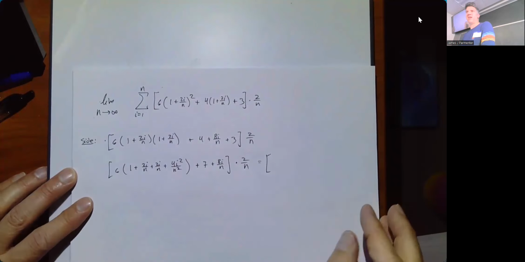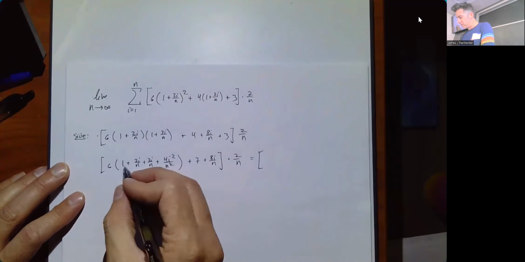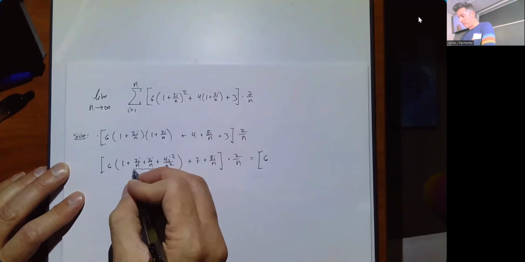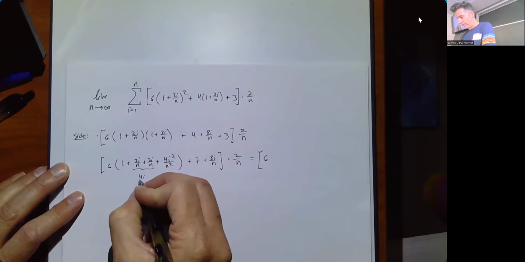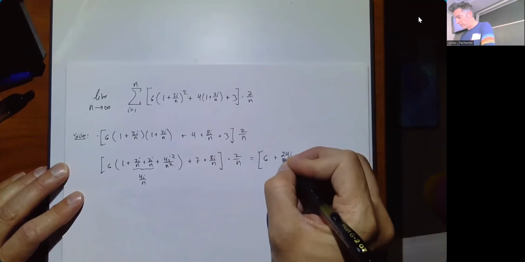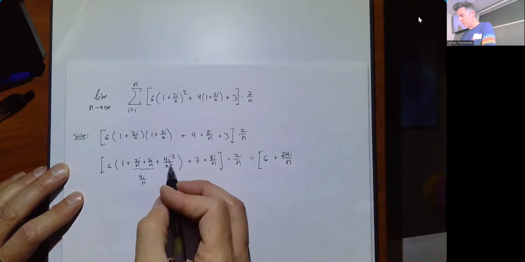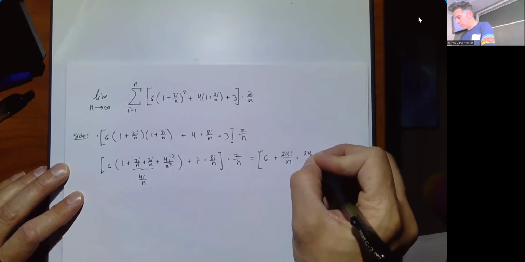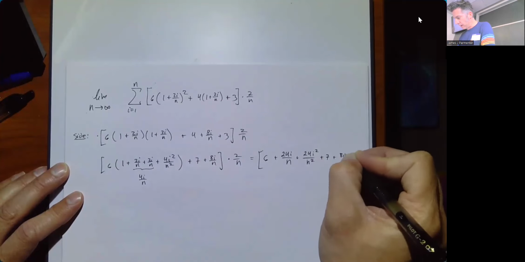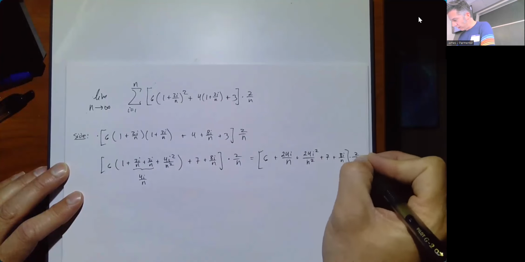It's a lot of just terrible. So I've got 6 times 1. I'm going to put these together: 2i over n plus 2i over n is 4i over n, and 6 times that is 24i over n. And then 6 times 4i squared over n squared is 24i squared over n squared, plus 7 plus 8i over n, times 2 over n.